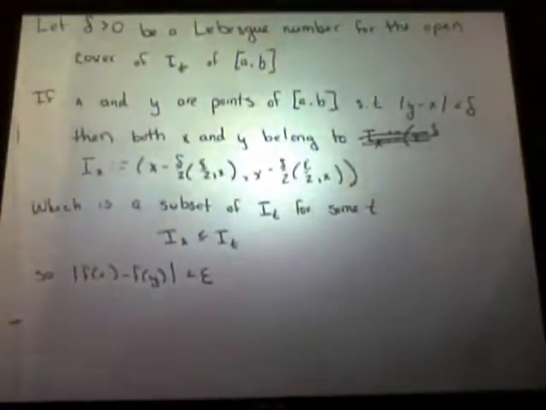So I would say also that if something's uniformly continuous, it always has a Lebesgue number. No, I'm not sure about that. Let's see. You can have uniform continuity on an open set.